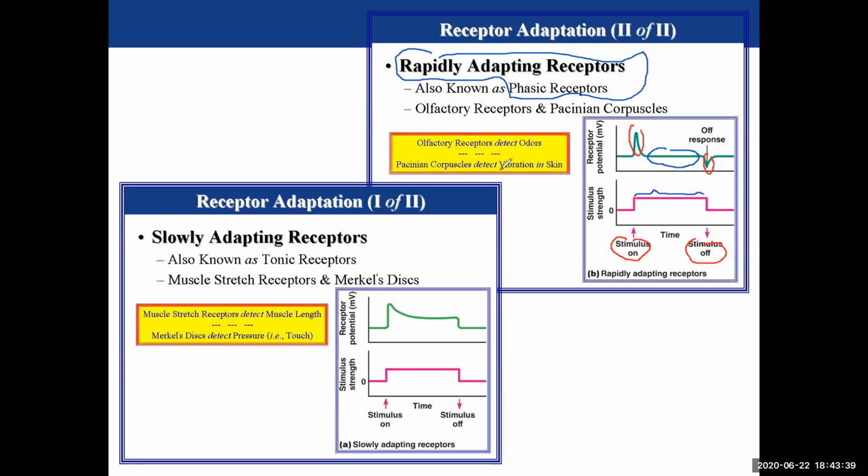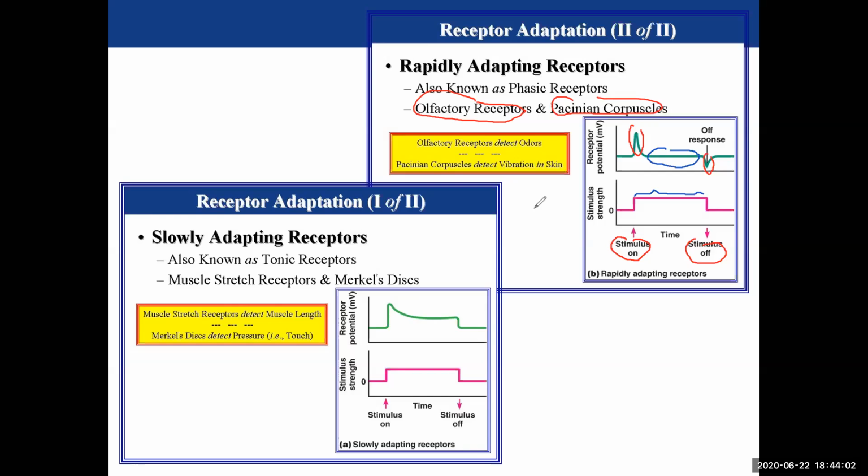Examples of receptors working with this mechanism: receptors detecting smell, so we have olfactory receptors, or receptors detecting deep pressure, the Pacinian corpuscle.